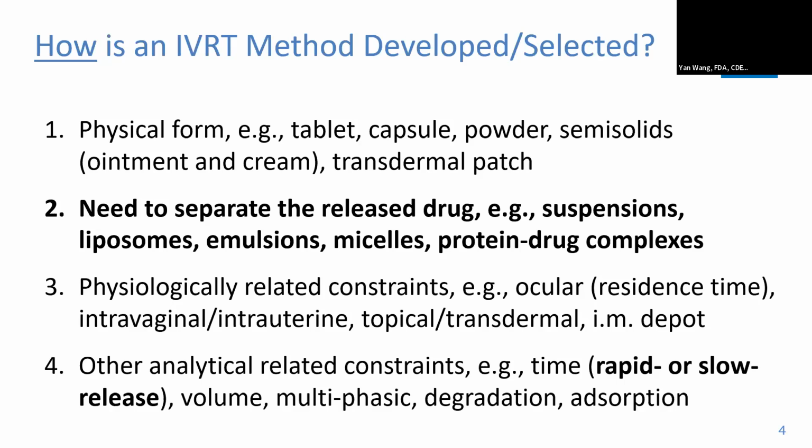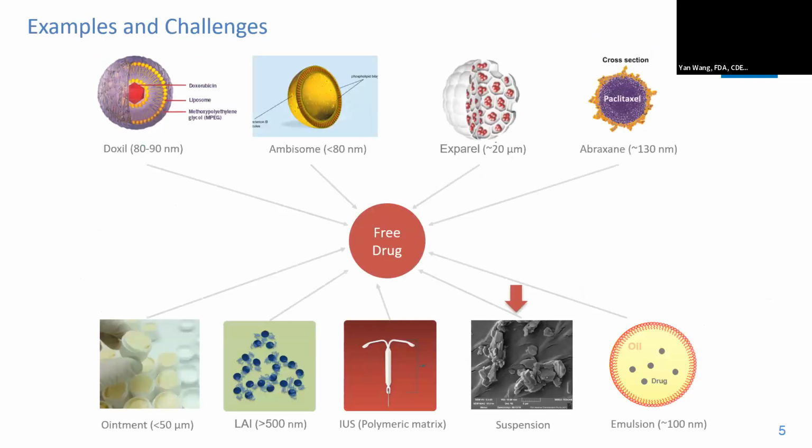Or on the other hand, if it's designed to have a very slow and long-term release, then whether we should consider to have a method that could accommodate a low release rate to be more relevant to in vivo, but then balance the time course for the IVRT as well as the concentration at certain sampling time point. So all those things need to be addressed before we really could have a reasonable method.